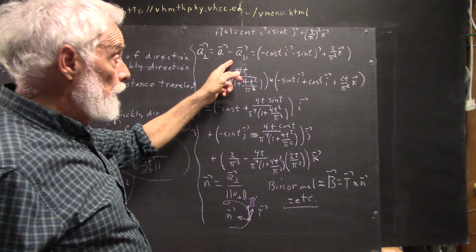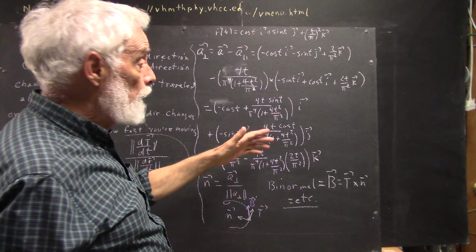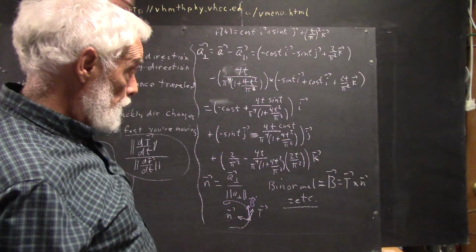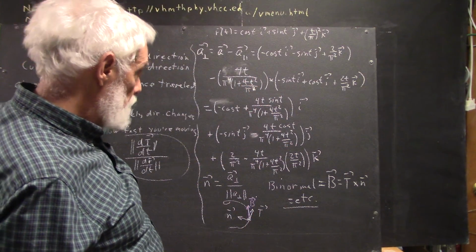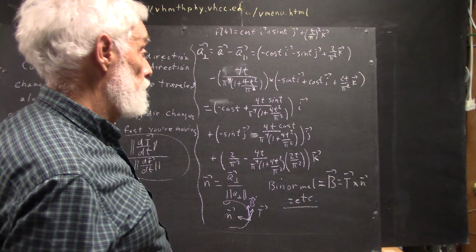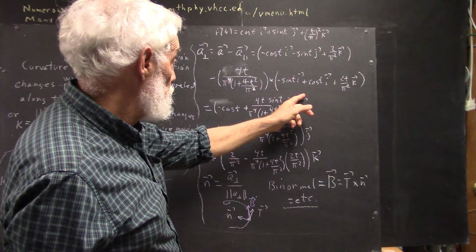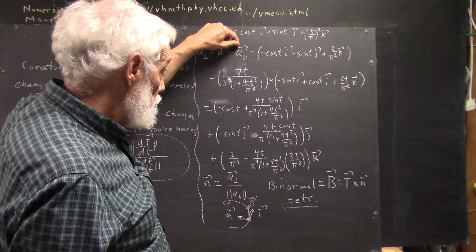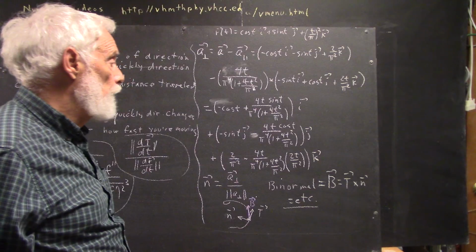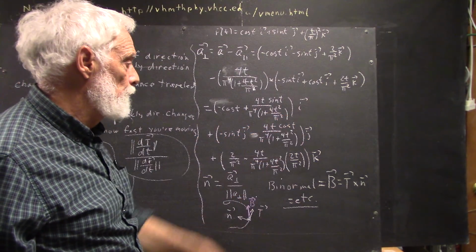My a parallel vector, obtained by projecting the a vector on the unit tangent vector, and you can go back a couple of videos and see how that was obtained, is just this, and you can verify that calculation. There's the projection, the parallel component of the a vector. When we subtract these two vectors, you can verify that this is what we get.